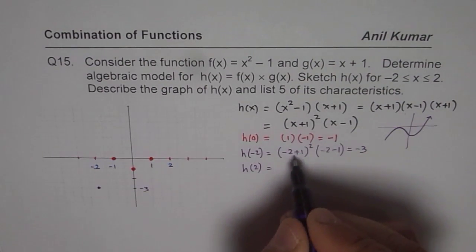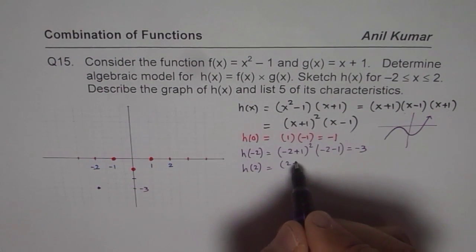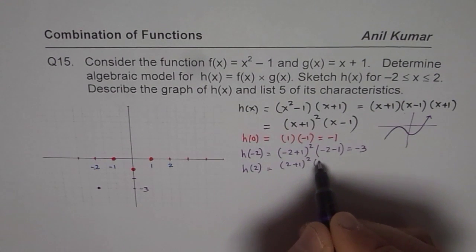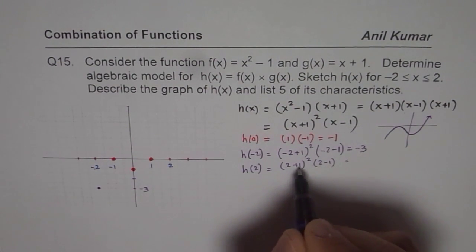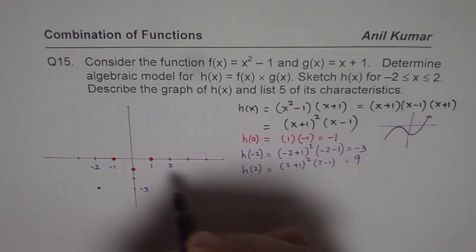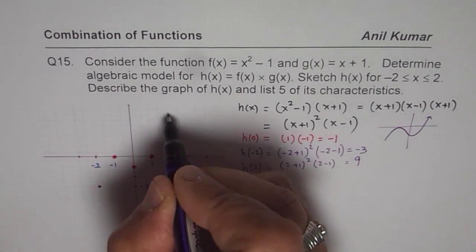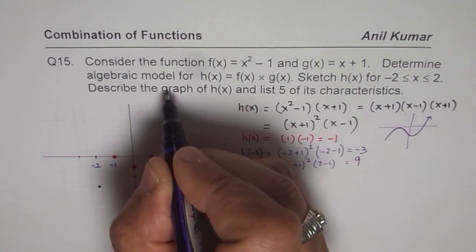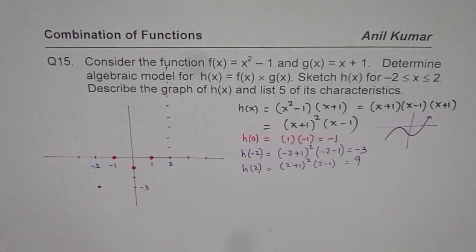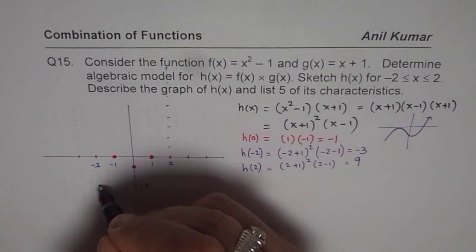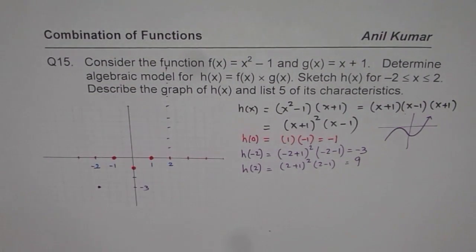Similarly we can find the value at 2. At 2 we are going to get 2 plus 1 square times 2 minus 1, so that is going to be 9. So at 2 we are going to get 9. So 1 2 3 4 5 6, kind of high up. That's okay. So we can draw now a graph of this function.